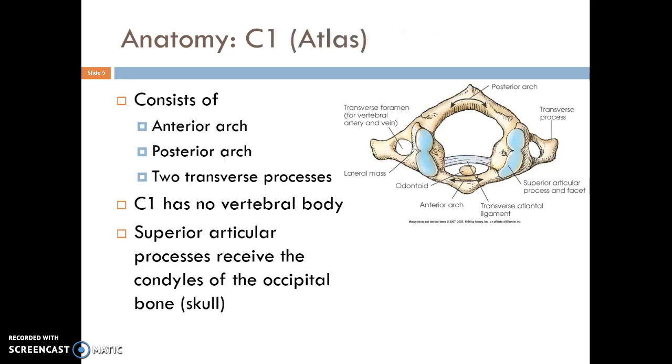So starting out with C1, the atlas, very special. It has an anterior arch, a posterior arch, no bifid process. It has 2 transverse processes, and C1 actually has no vertebral body. And the superior articular process receives the condyles from the occipital bone, the skull.